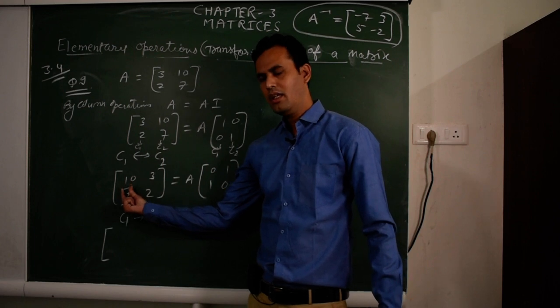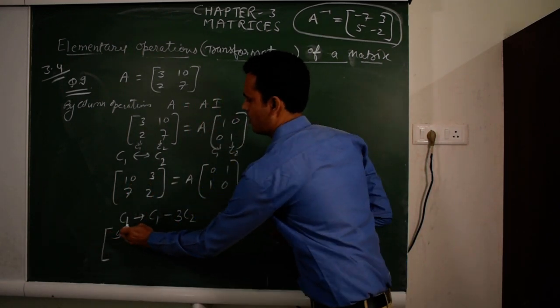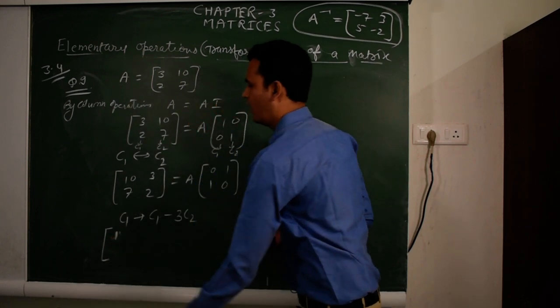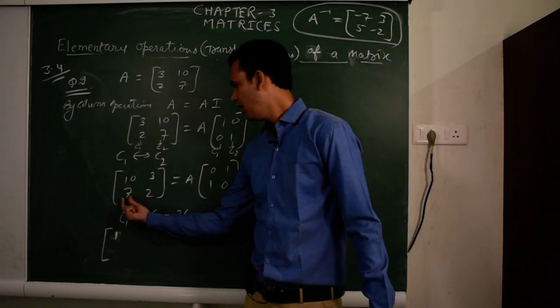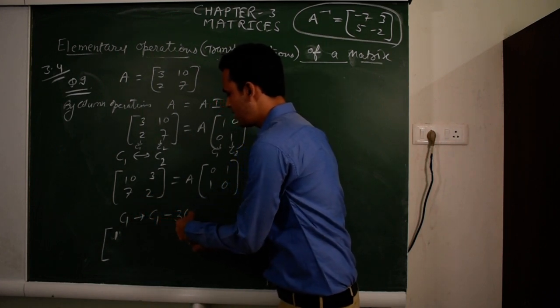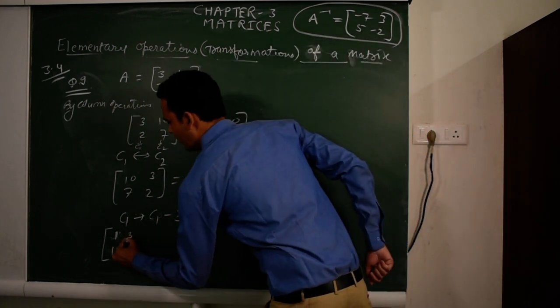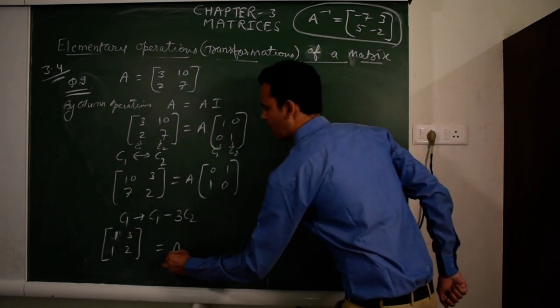C1 is 10 minus 3 into 3, 9. So 10 minus 9 is 1. Same change here: 7 minus 3 into 2 is 6. So it is 1, then 3 and 2.